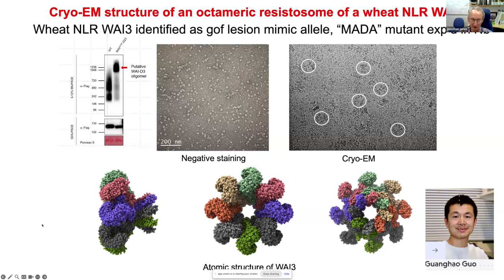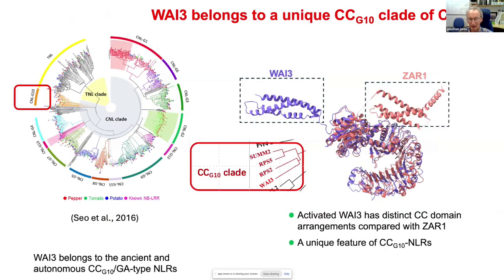So I've told you how TNLs form tetramers, and SR35 forms a pentamer, and NRC forms a hexamer, and this guy forms octamers. And it is in what's called the CNL G10 clade. So the CNL G10 clade actually includes some old friends, RPS2 and RPS5 and ZAR1 from Arabidopsis, along with a number of other interesting genes.